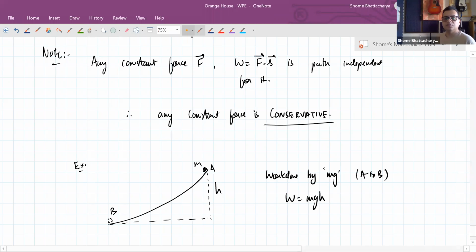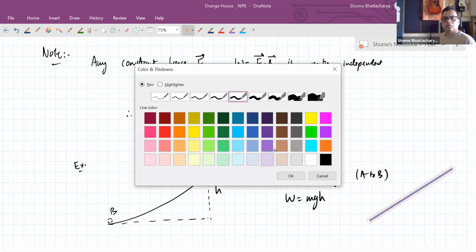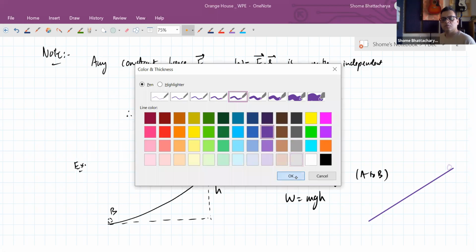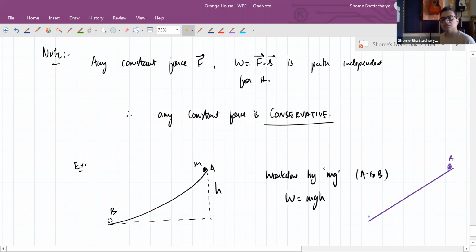Now instead of this path, if we take another path which is a straight line, but between the same positions, the displacement is the same in both the cases, but the paths are different.